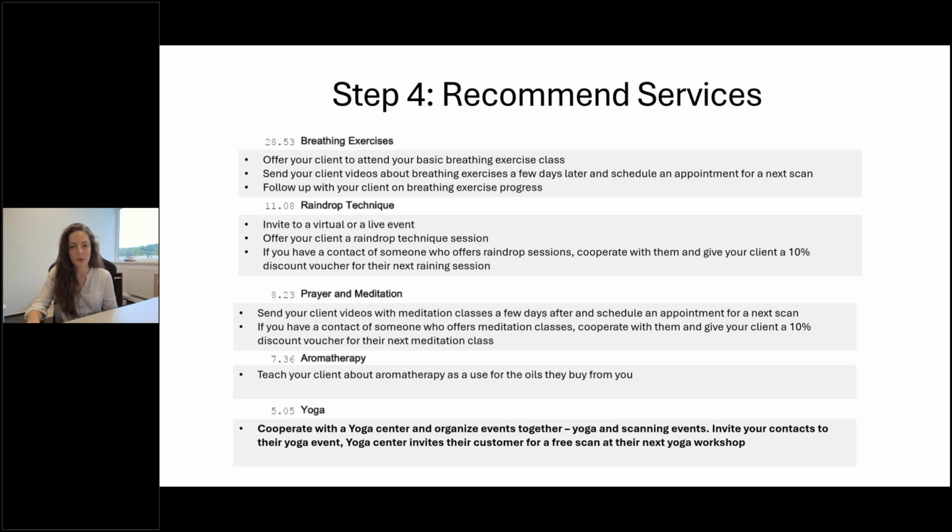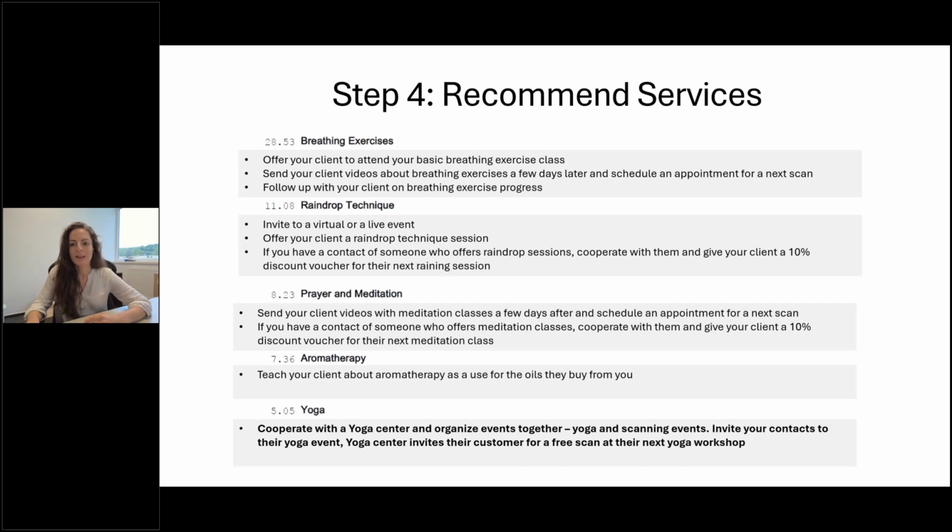You can send your clients videos about breathing exercises a few days after your scan, and this will give you a chance to follow up with your client and maybe schedule a next scan appointment. A few weeks later, follow up with your client again and ask about their progress on breathing exercises. It can be just a quick WhatsApp message. Ask them, has this been helpful?